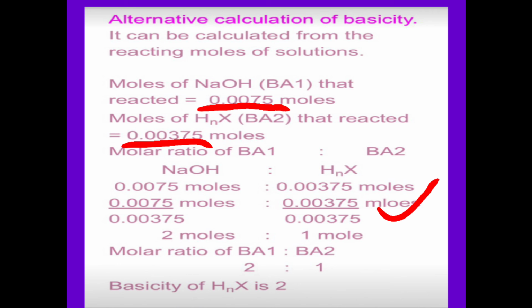That molar ratio which is on sodium hydroxide in this case is representing the basicity of the acid. So therefore, the basicity of the acid from our calculation is 2, because we are having 2 moles of sodium hydroxide reacting with 1 mole of Ba2 or HNX acid. So the basicity is 2.